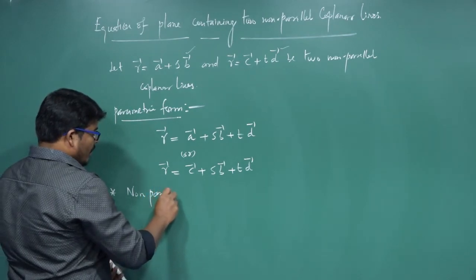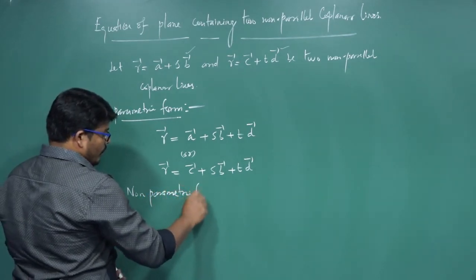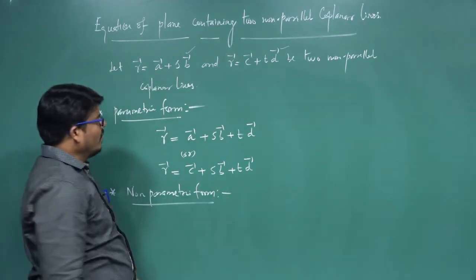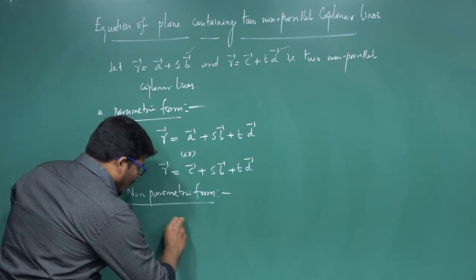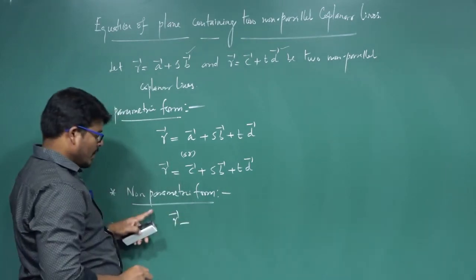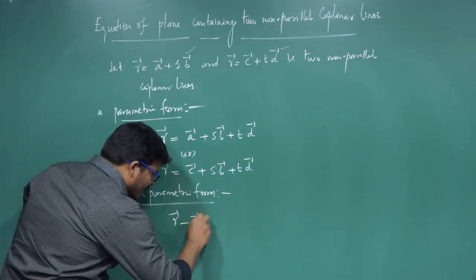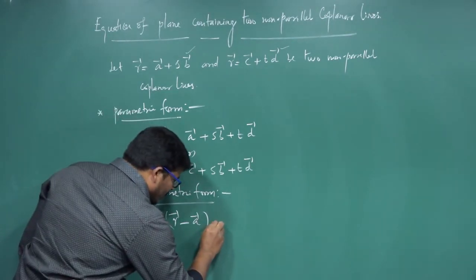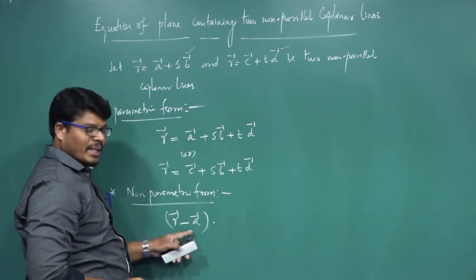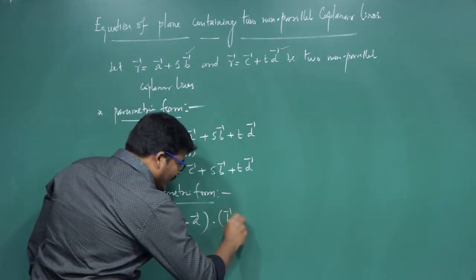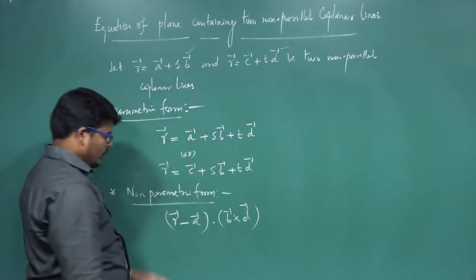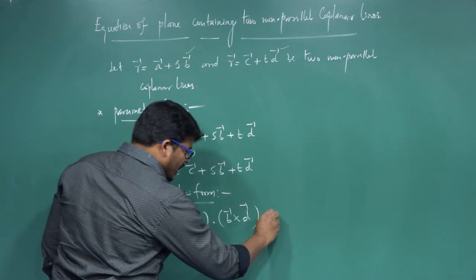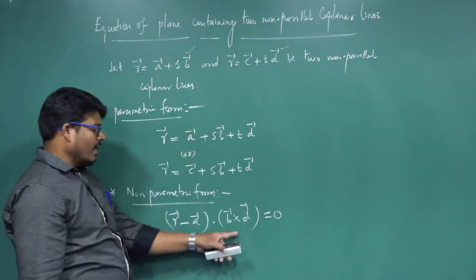That is the non-parametric form of the vector equation. r vector minus a vector dot b vector cross d vector equal to 0 is the non-parametric form.